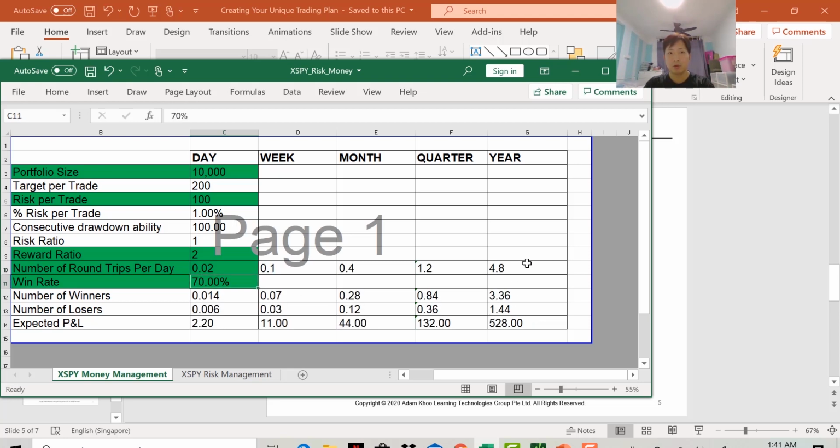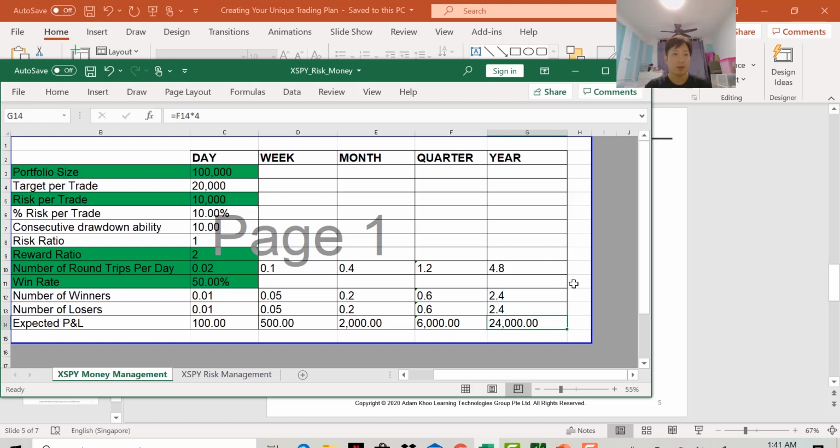So let's say you invest 5 stocks a year, which is around 4.8 stocks. So let's say you're doing a bigger account, let's say $100,000, and you want to go big at 10% per trade. Your win rate is just 50%. You can still expect to make $24,000, 24% per year.